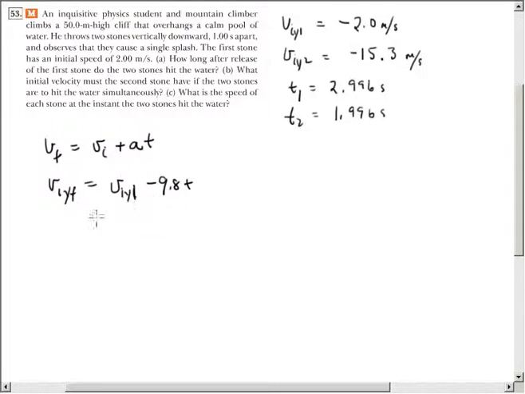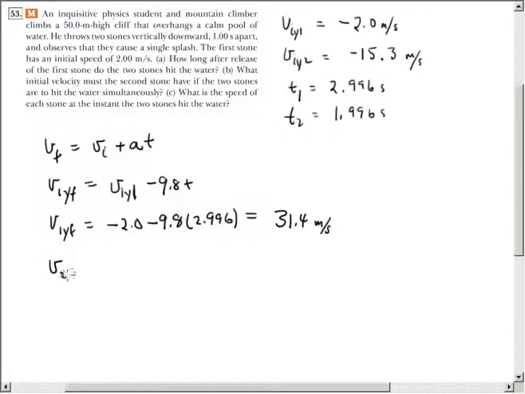Well, we know what that is, so that means that V1YF will be equal to minus 2.0 minus 9.8 times 2.996 seconds. And that's going to be equal to minus 31.4 meters per second.